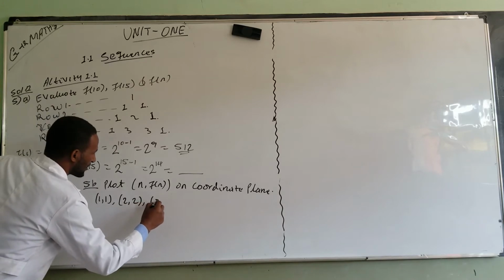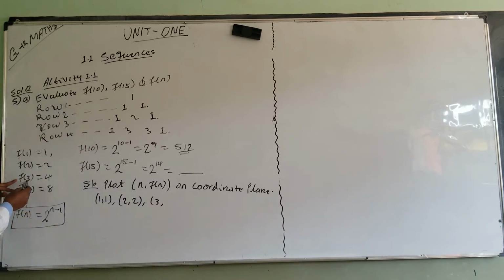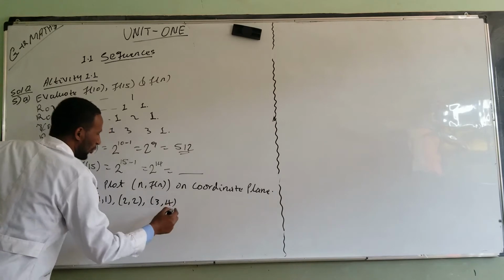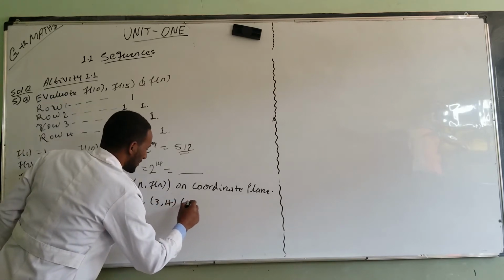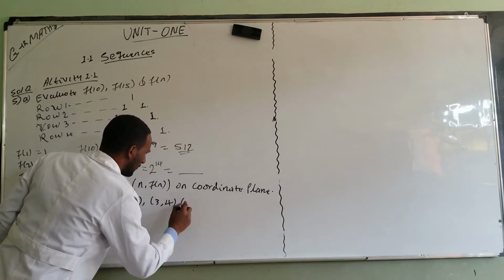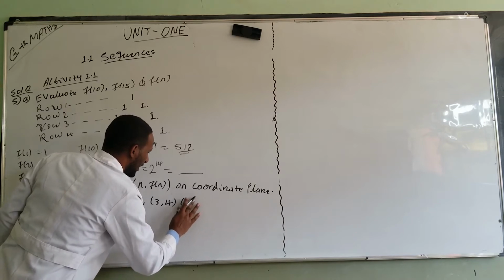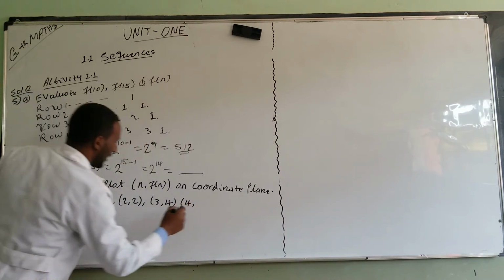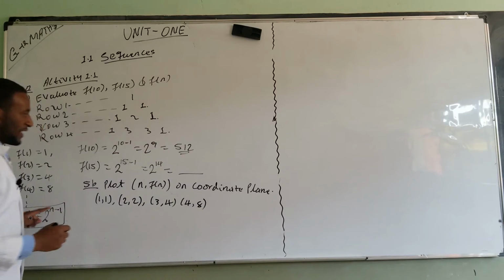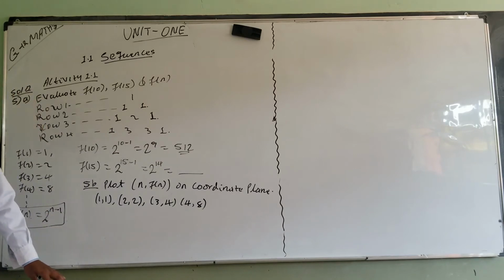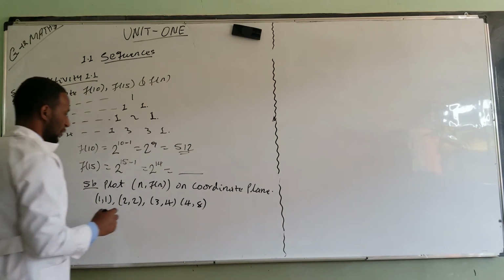When n is 3, f(3) is 4. When n is 4, f(4) is 8. Then in the question n is equal to 1 up to 6.